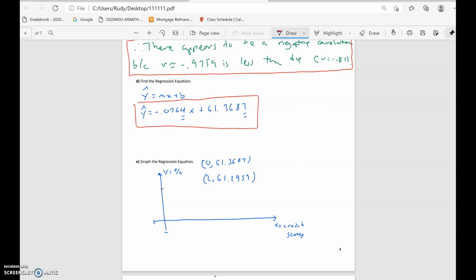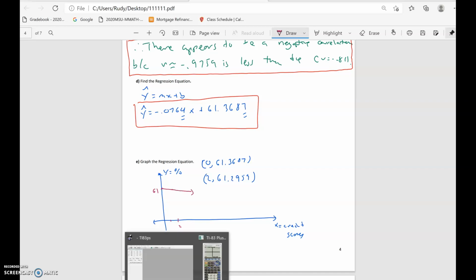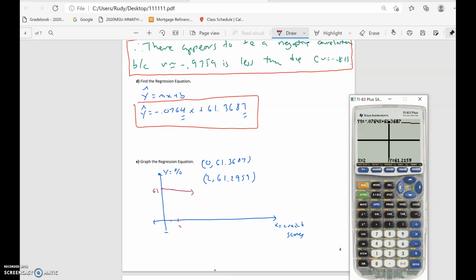I'm just going to say that this is 61. So at 0, we're just above there. And then 1 and 2, it's actually decreasing. So it's just around there. Obviously not to scale, but your line is going in this direction. The only part of that I'm interested in is if it's increasing or decreasing.